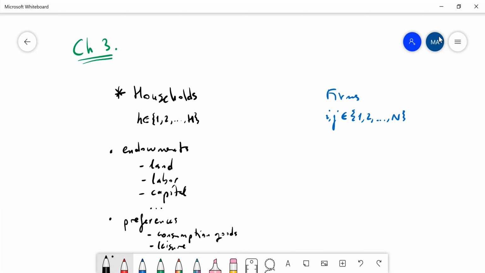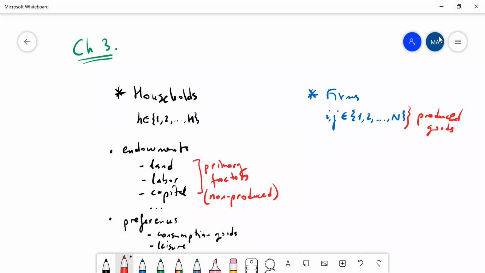One is primary factors, so these are non-produced. These are given. And then we have produced goods. Now, the important thing is that these produced goods are going to be used as intermediate inputs as well.